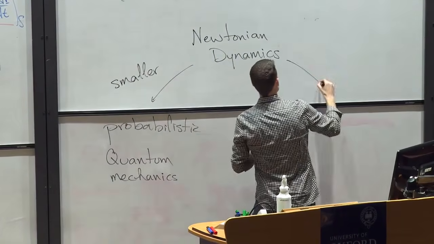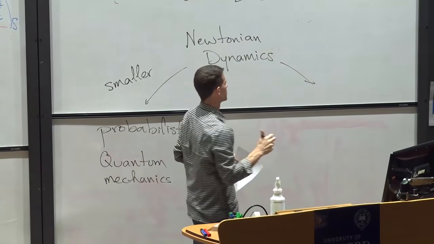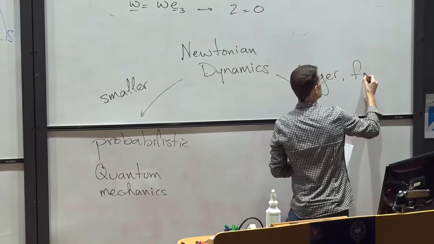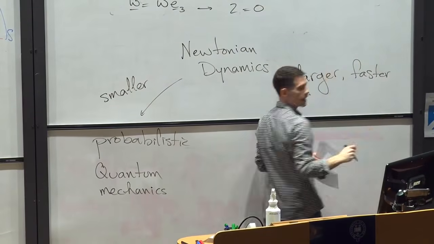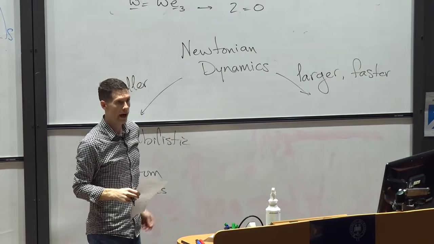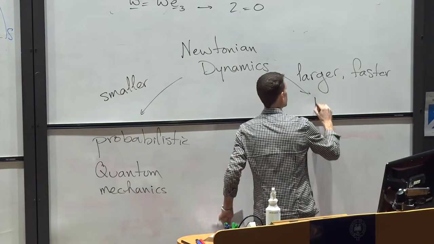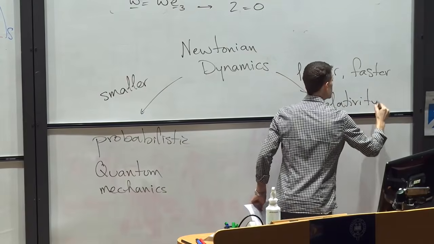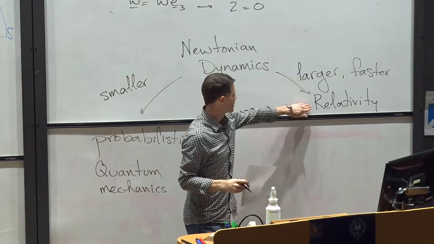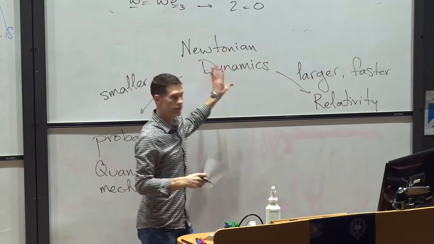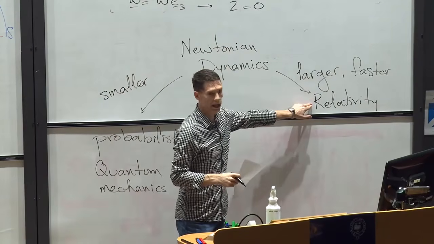If you go in the other direction, to larger and faster scales, you again see that Newton's laws are no longer true, and you get into the area of Einstein and relativity. Nevertheless, I don't think you can really appreciate and understand relativity unless you've got that basis there and understand the corrections that Einstein was making.